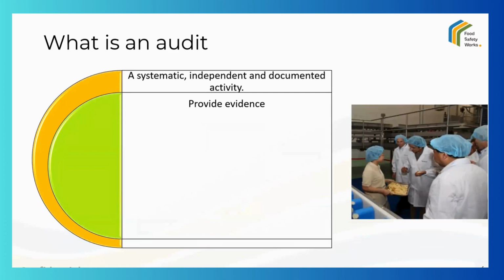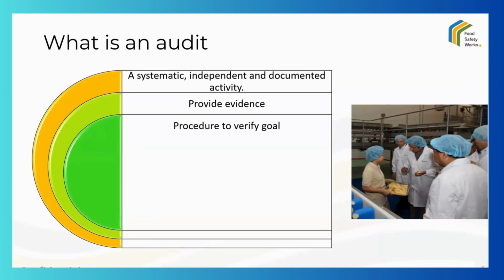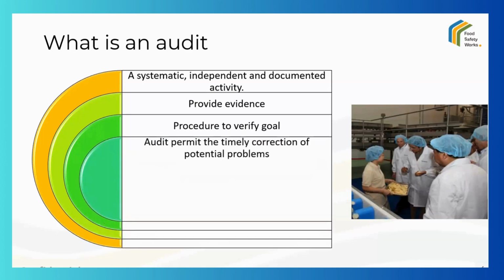It's a procedure to verify the goal of ensuring safe and suitable food for human consumption by collecting verifiable evidence. It also permits timely correction and proper, sustainable corrective action on potential problems identified, thereby building confidence in the system or process.